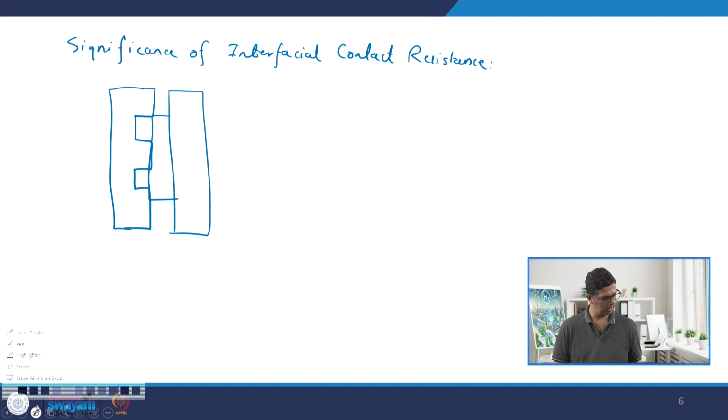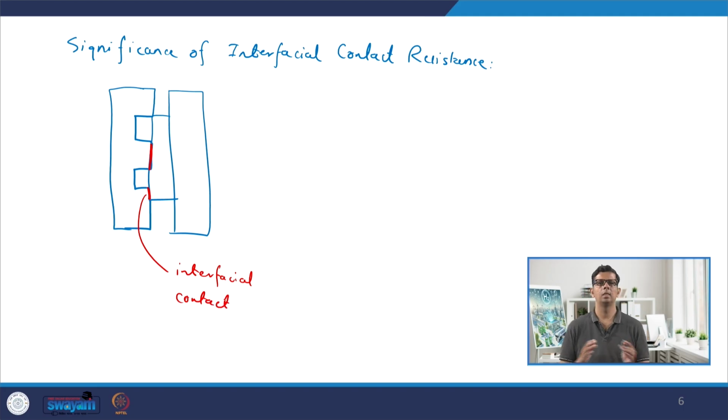If you look at the contact, we have contact here and then here, right. So, this is the interfacial contact. In other words, this is the contact between two faces of the components.